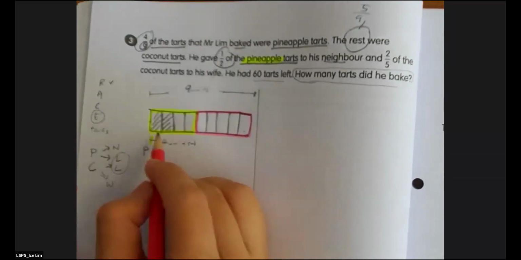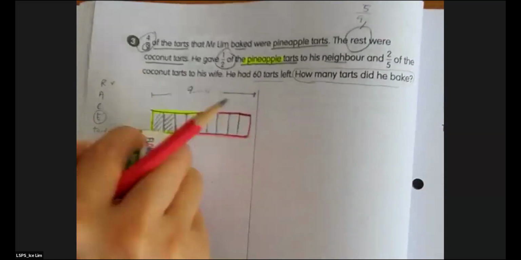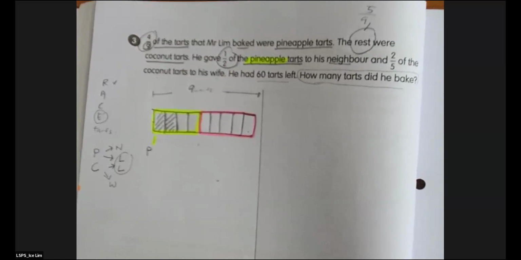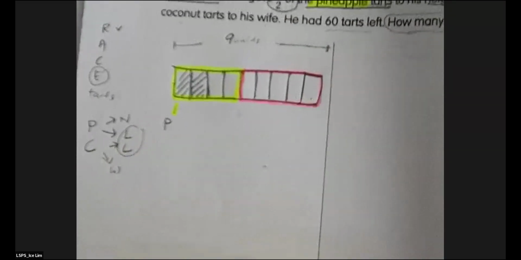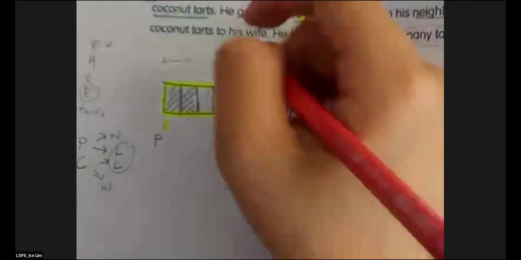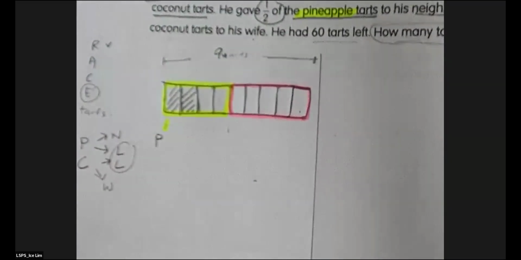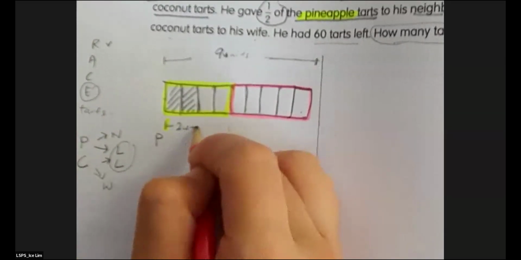Can you see or not? So this portion, okay, 9 units were all the tarts. 4 units is pineapple because 4 nines. Then we say half the pineapple tarts. That means 2 units here, or 2 nines.